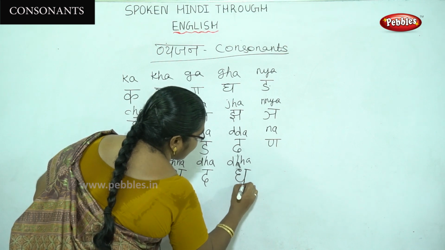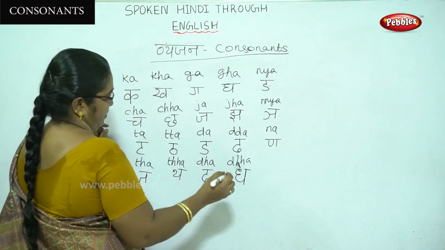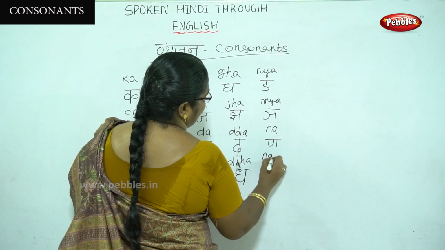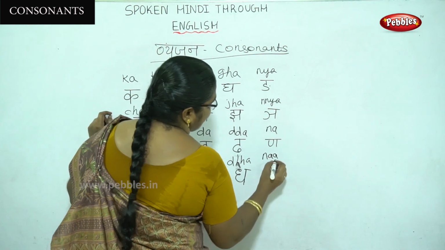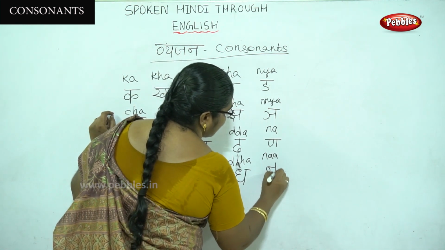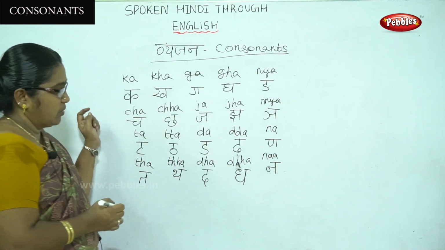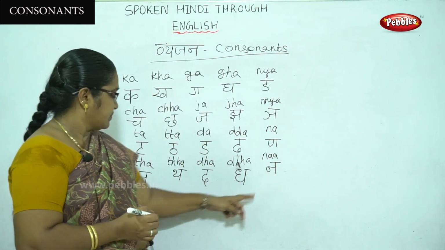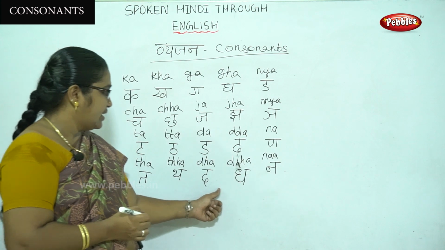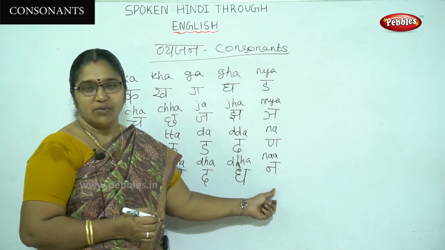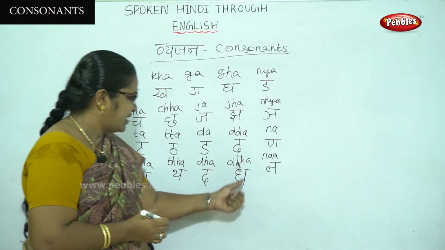The next letter is na. For that, simply like this. Tha tha, da da, na.